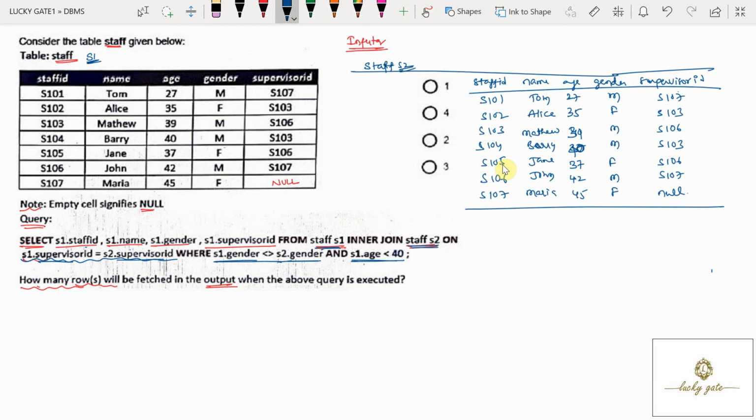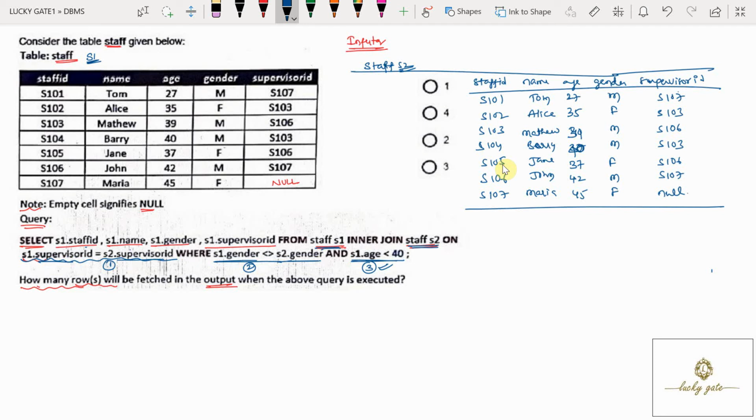What are the conditions? You just check for the conditions. Here we have a total of three conditions. This is condition 1, this is condition 2, this is condition 3. Whichever tuples satisfy these three conditions are in the output. First I will check condition 3: s1 age less than 40.